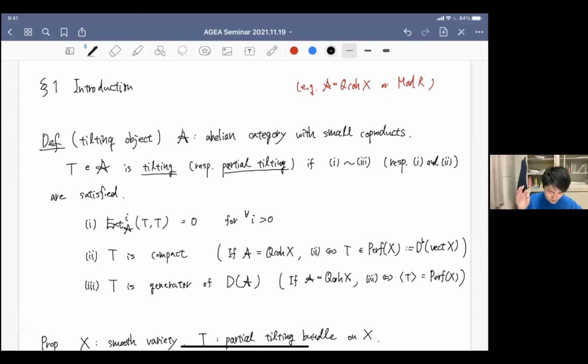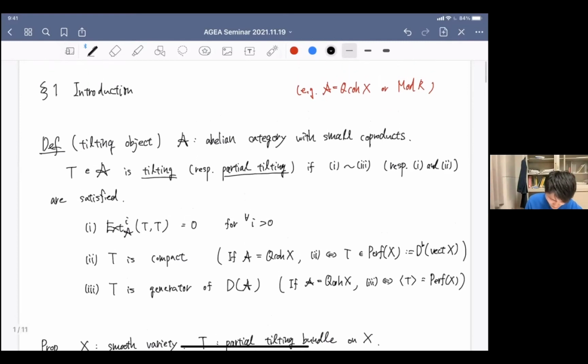The first condition is that the ith extension group of T is 0 for any non-zero i. And the second condition is T is compact.